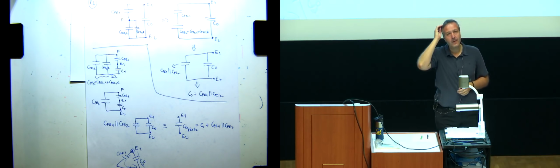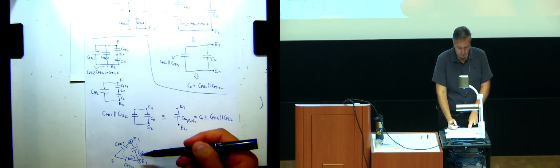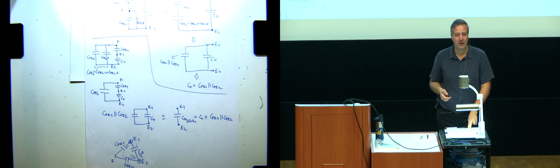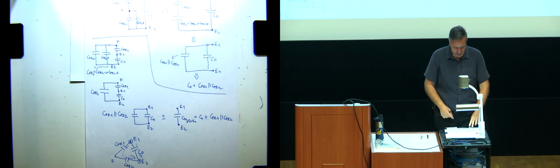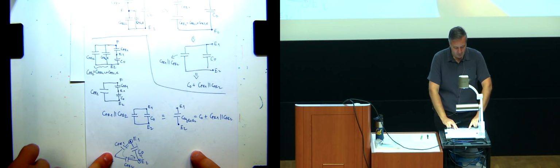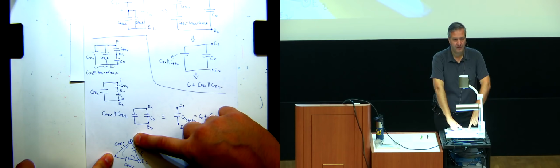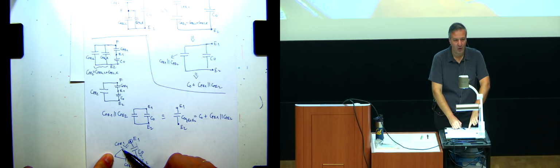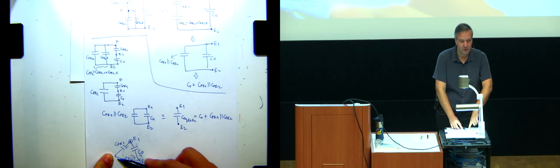Yes? So why is C0 not in series with CFE1 parallel CFE2? Okay, so when you say something's in series or parallel, you have to also think about between which nodes you are looking for the equivalence, right? If I was looking for the equivalence between nodes F and E1, then there are two branches there. One branch would be CFE1, another branch would be this whole branch. So then C0 would be in series with CFE2 on that branch.